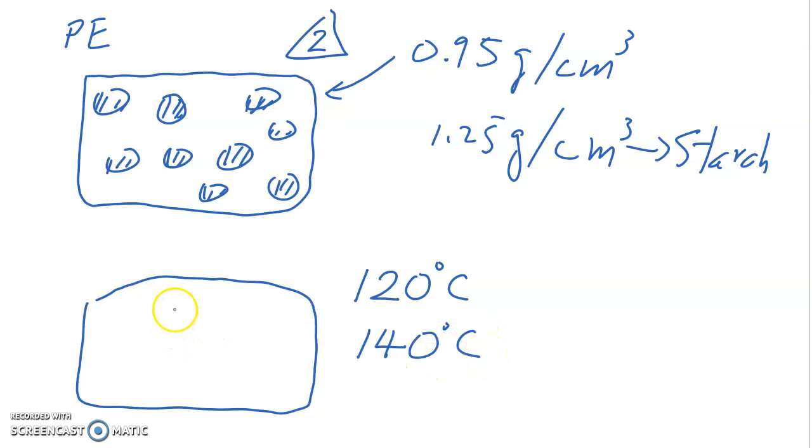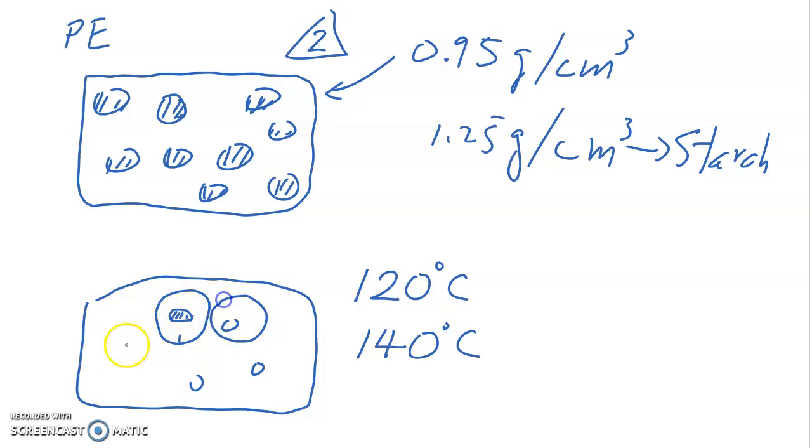Now, when the student added the starch and started stirring it, what he had never thought of is that the starch contains about 8 to 12% of water. And now when the starch gets into the plastic, it starts boiling. Once this starch boils, it will form a bubble.